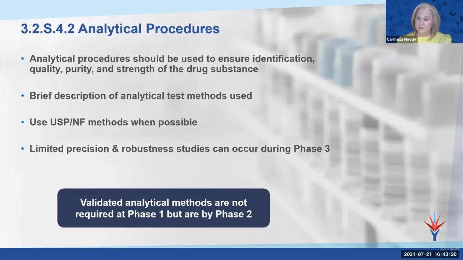So use those basic methods, because from the FDA perspective, they consider those USP NF methods essentially validated. And so the only thing that you have to do is qualify those methods as being appropriate for your process. And again, you don't necessarily need, from a validation perspective, precision and robustness of your method until phase 3. Next slide.